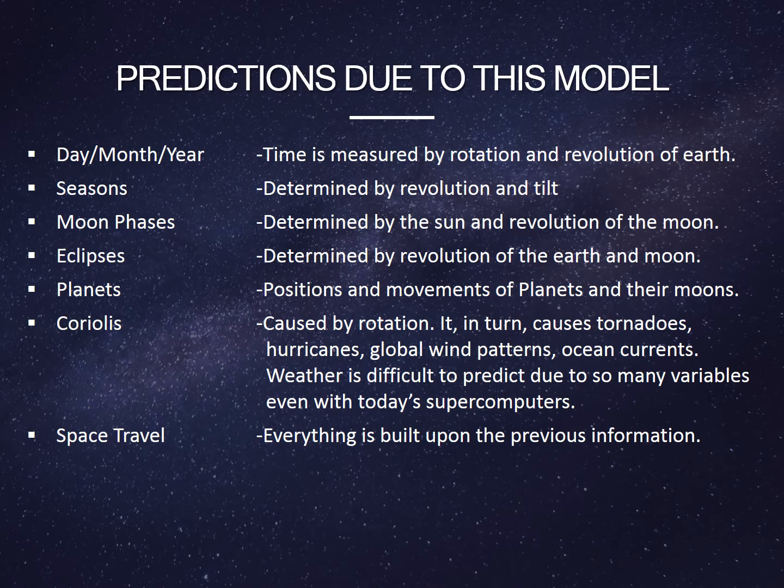Those calculations based on gravitational pull have to do with the moon and traveling to the moon and the paths that we follow to get to the moon. So here you can see a lot of things that are predictions due to this model, this globe model.